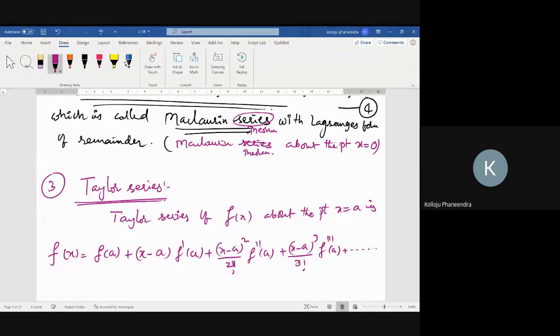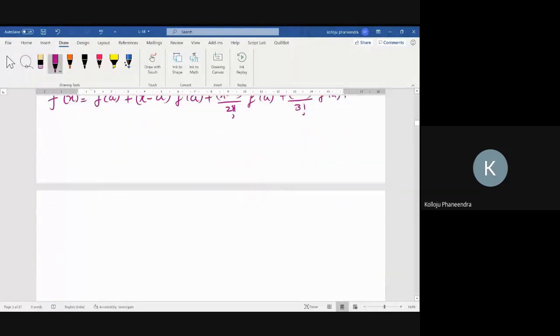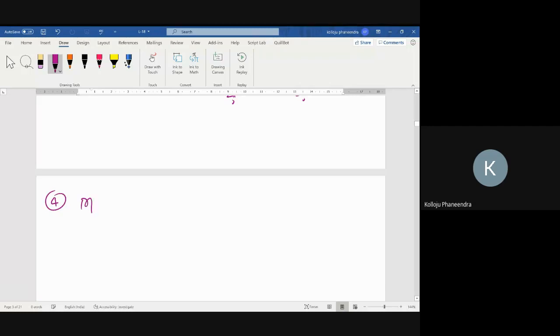There is no remainder term in a series. This is Taylor series about the point x equal to a. Same logic. Fourth one, Maclaurin series.